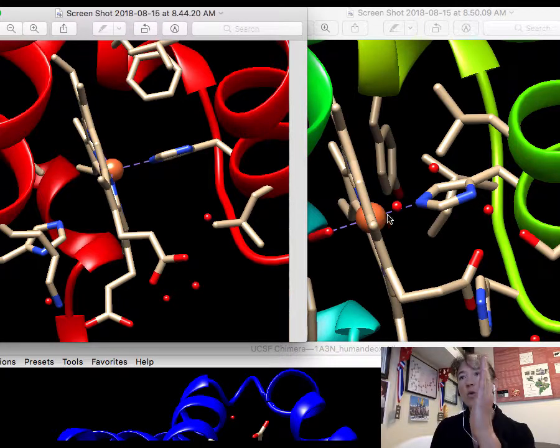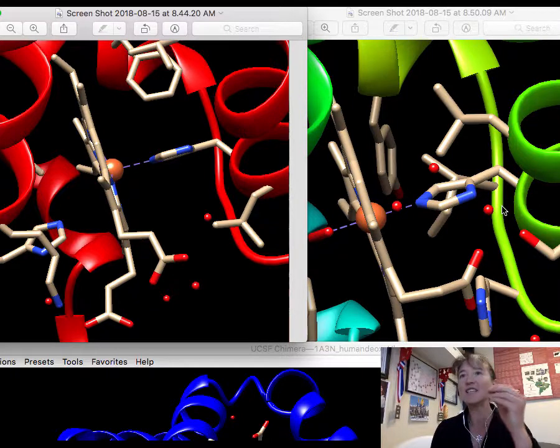Now, with that, of course, what does that mean? Well, it means the proximal histidine right here and right here is also pulled. It's pulled, and that means that there's a pulling on the alpha helix that it is a part of. So there's literally a tilt in the alpha helix upon oxygen binding.